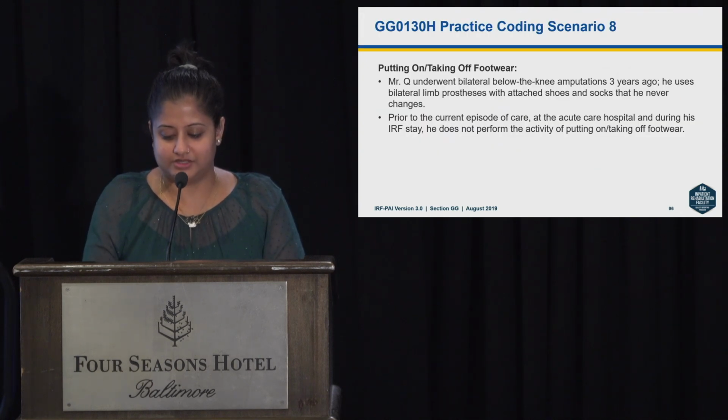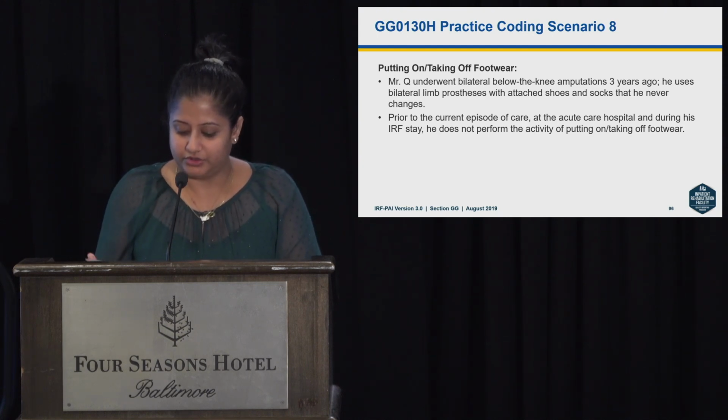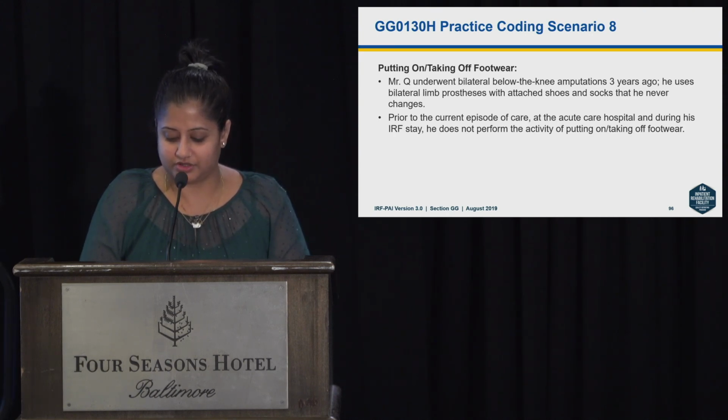So our practice coding scenario for GG0130H, putting on and taking off footwear. Mr. Q underwent bilateral below-the-knee amputation 3 years ago. He uses bilateral limb prostheses with attached shoes and socks that he never changes. Prior to the current episode of care at the acute care hospital and during his IRF stay, he does not perform the activity of putting on and taking off footwear.